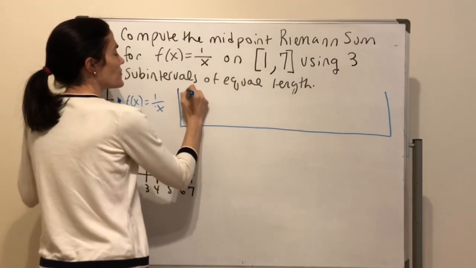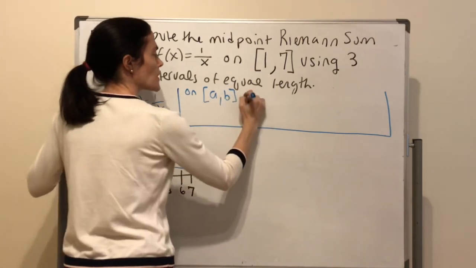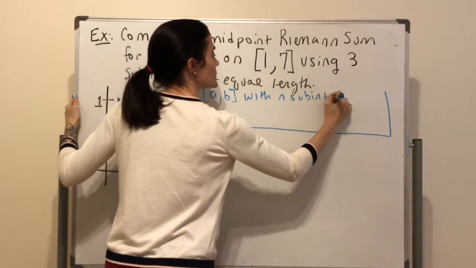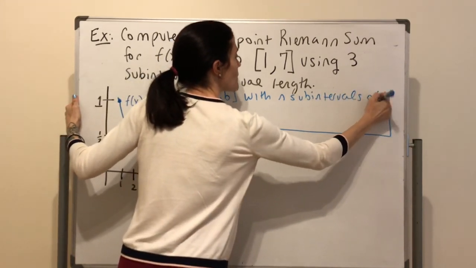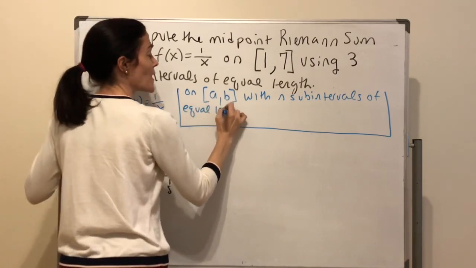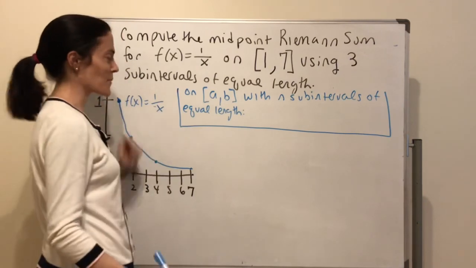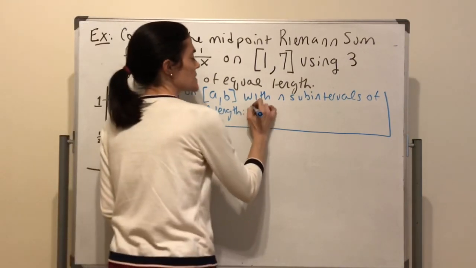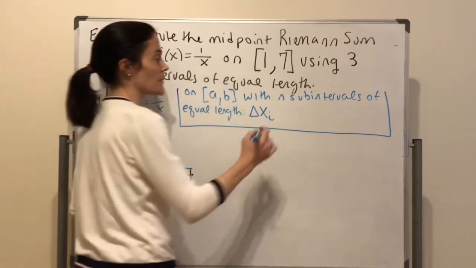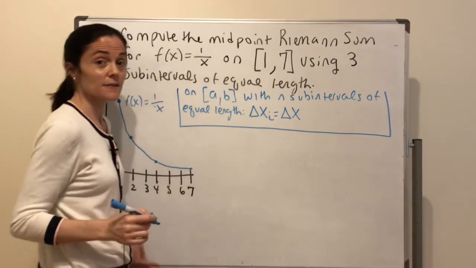If we have the interval A to B, and we want n subintervals of equal length, because this does come up quite often, and so let's take the time to discuss it before we work this problem. Well, this delta xi, which comes up in the Riemann sum, because they're equal length, I will often just write delta x, because it's all the same.